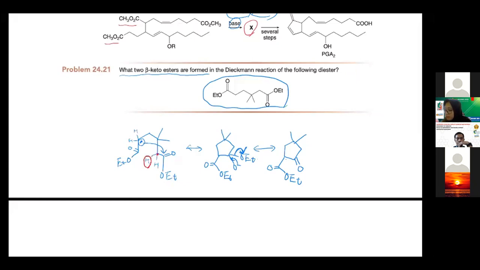Deprotonated, and this is the activated carbon with the negative charge. If this compound attacks here, maybe we can make this kind of structure.